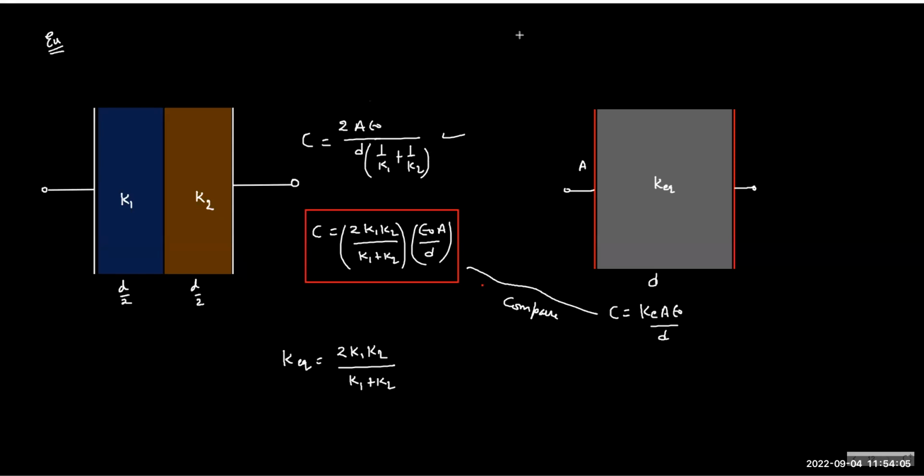K equivalent means the value of the equivalent dielectric that we can insert, which will offer the same capacitance as the combination is offering right now. Is this clear?